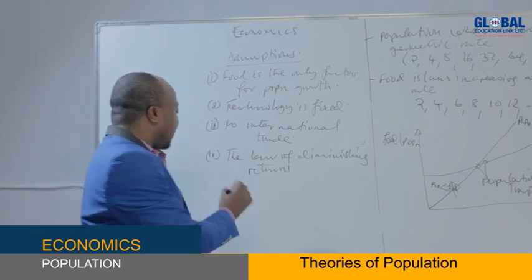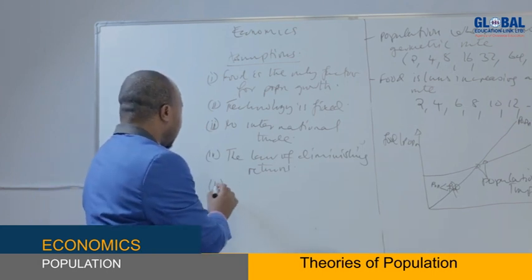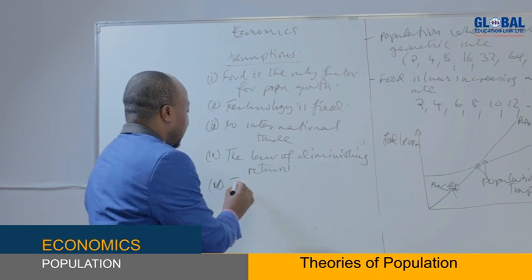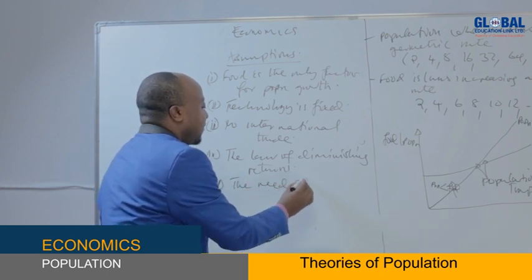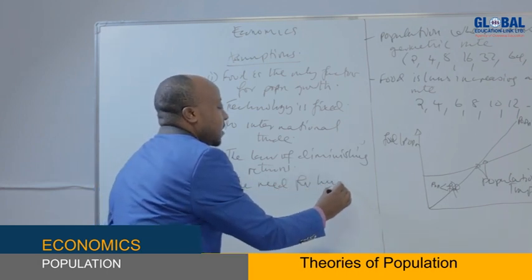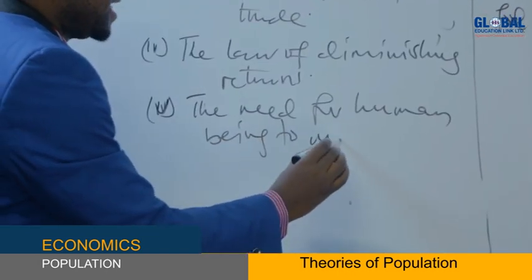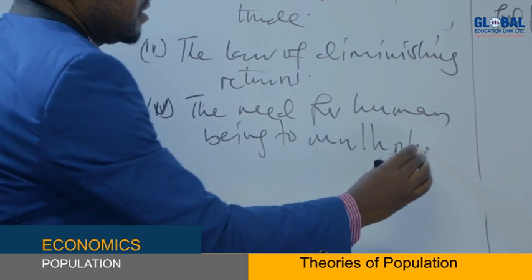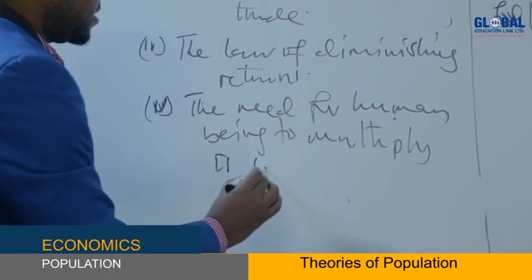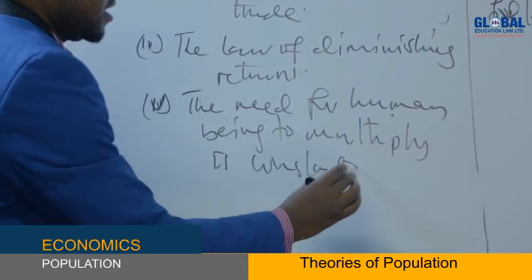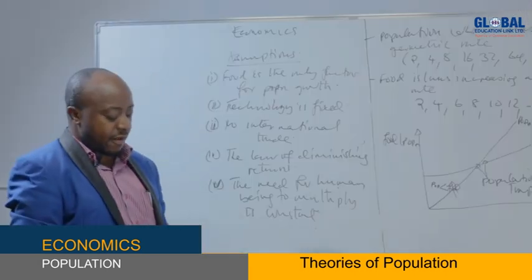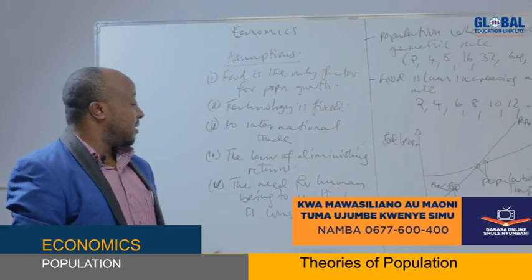But also, the other assumption, number 5, is that the need for human beings to multiply is constant.